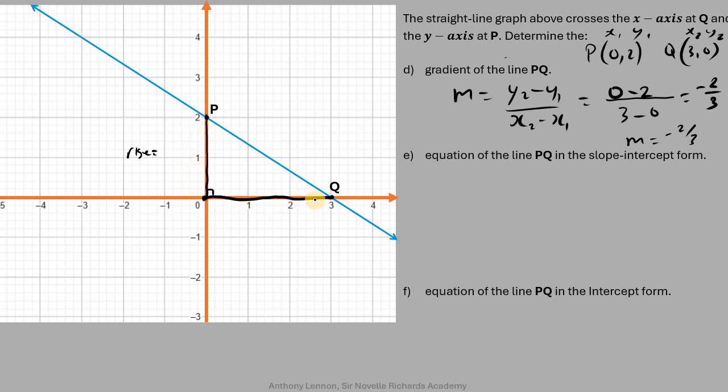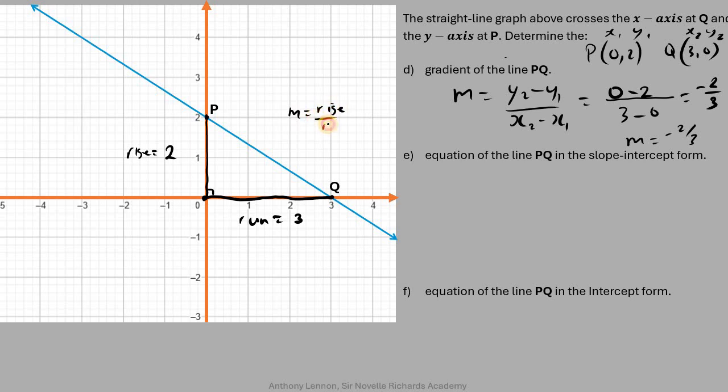And the horizontal shift from the origin to Q, we call that the run. So the rise from the origin to P, that will be 2 units. And the run, that will be 3 units. Now, if you want to find the gradient, you're going to put rise over run. So the gradient, M, is common letter M, by the way.